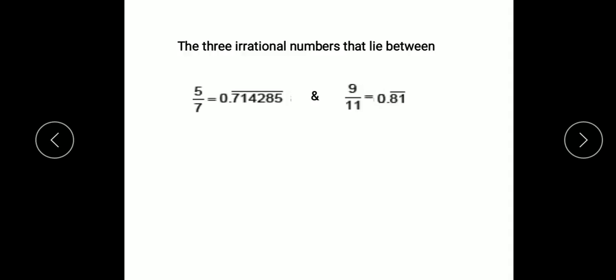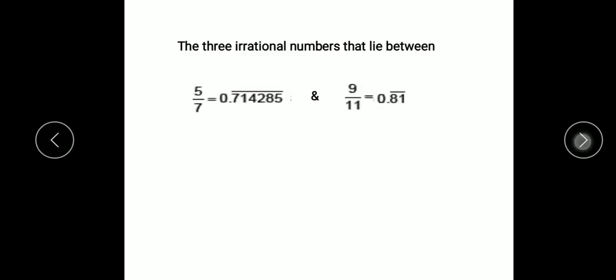So, we can easily start with 0.715 and write down the number which is non-terminating and non-recurring. Or we can start writing the number from 0.72 onwards, 0.73 onwards, 0.74 onwards, but it should not exceed 0.81.